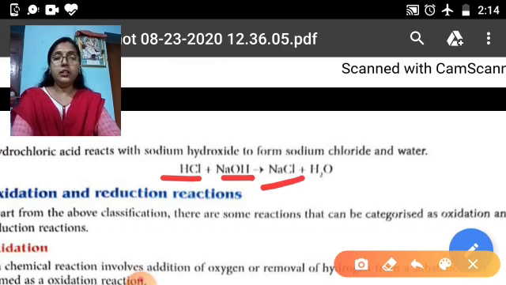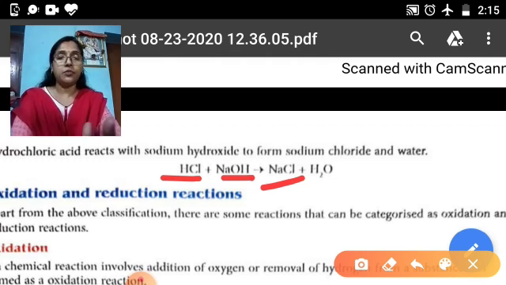Now I think it is clear about the double displacement reaction. What is double displacement reaction? Double displacement reaction means a reaction in which when two compounds react, there is an exchange of elements or ions, that is cation or anion, plus or minus, that is the positive ion or the negative ion, and a new product is formed after that.